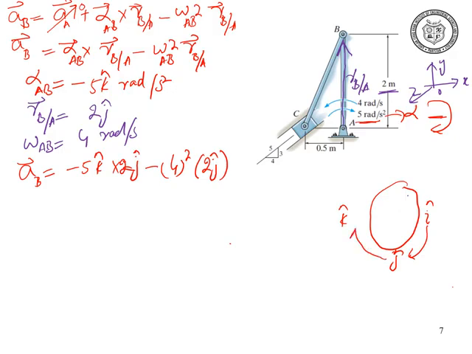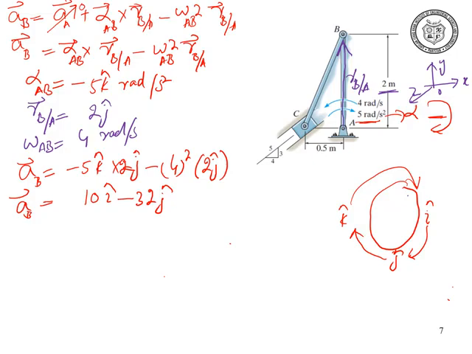I cross j equals k, j cross k equals I, and the reverse order is negative. So k cross j equals minus I, and minus minus is positive, so it will be 10 I. And for 16 times 2, that is minus 32 j. So this is the acceleration for the particle B.